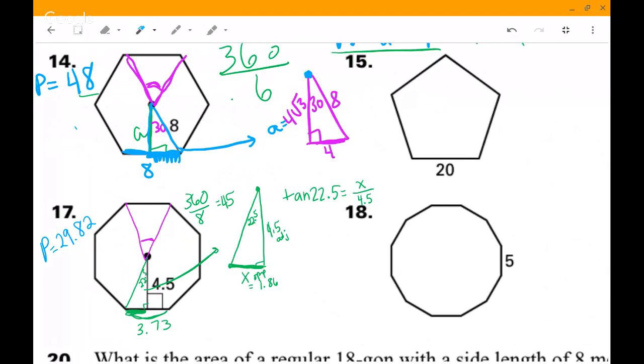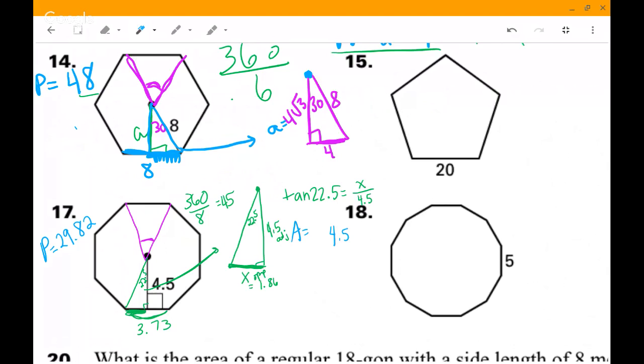Yes. Okay. So area, what are you going to multiply to get the area? By 3.73. Wait, no, sorry, 4.5, and divided by 2. Yeah. I see what you're saying. Yes. And then what else?